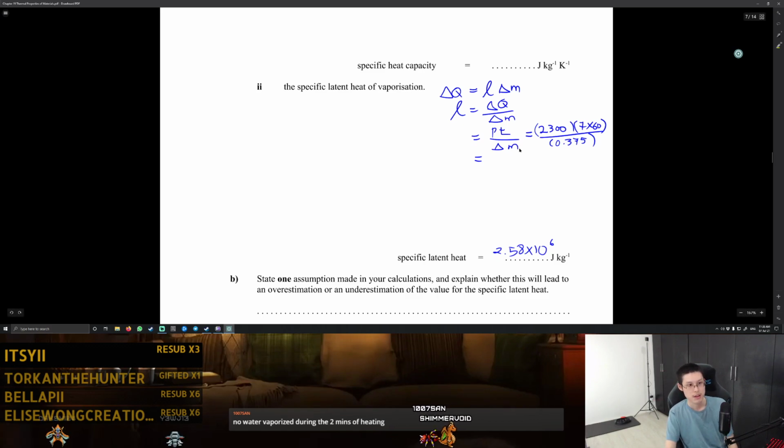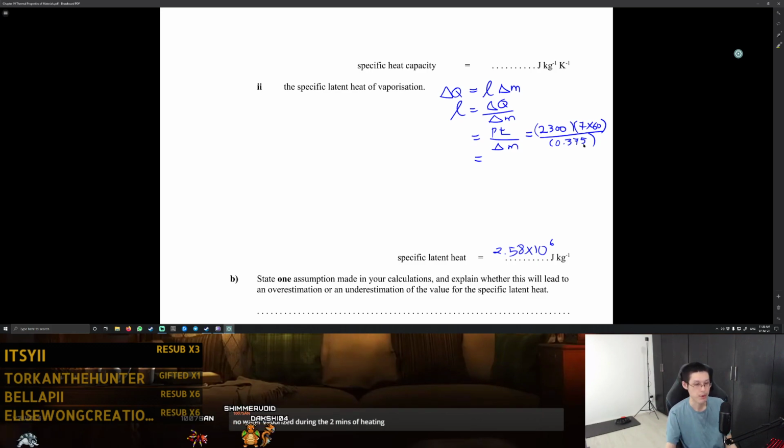So you think in 7 minutes 375 grams have evaporated, but in reality maybe only 350 grams has been boiled away due to you supplying excess heat to the system, and maybe 25 grams have evaporated because that's just the constant rate of evaporation, which means this value is actually a bit higher than the actual value. So this value should actually be a bit lower, which means your L should actually be a bit higher.